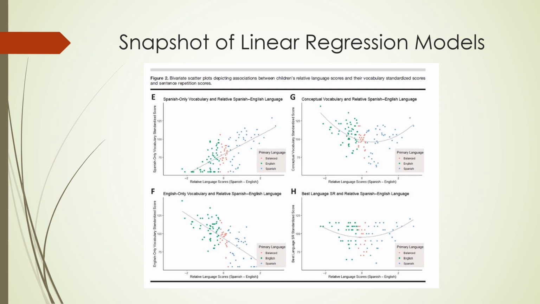There's some positive linear association in E. You can see some negative in F, and then that quadratic trend pops up again in both G and H. If you look at H, though, you can see there's less of an association.